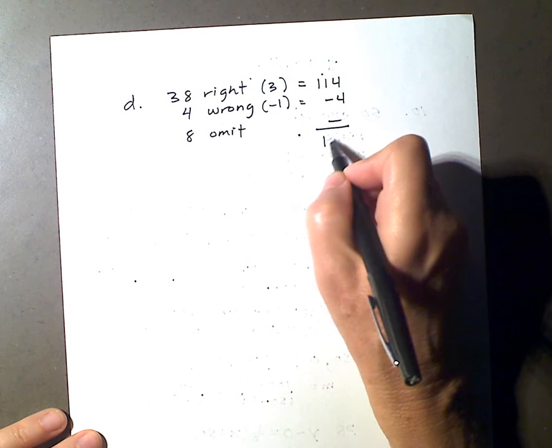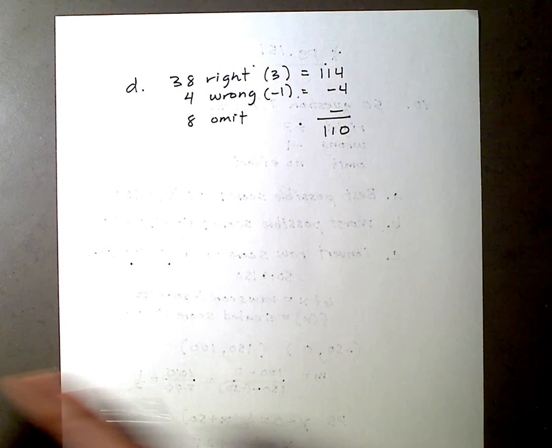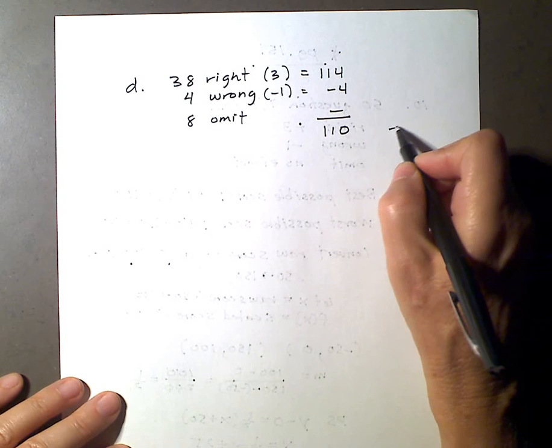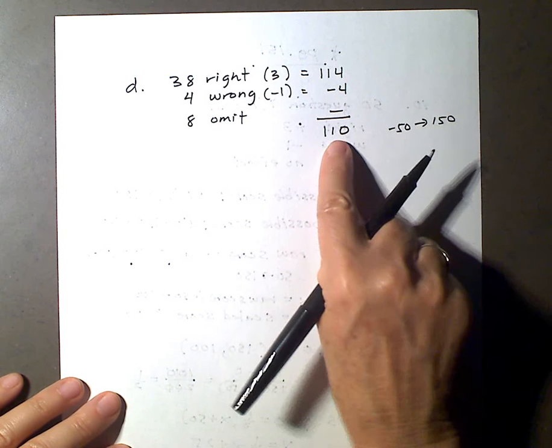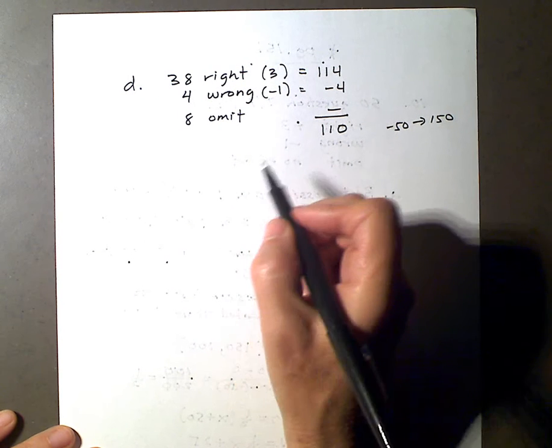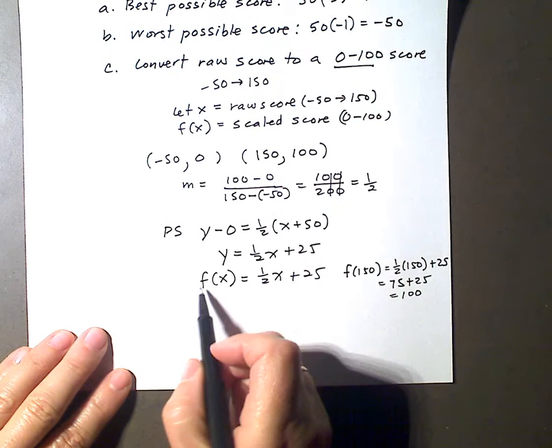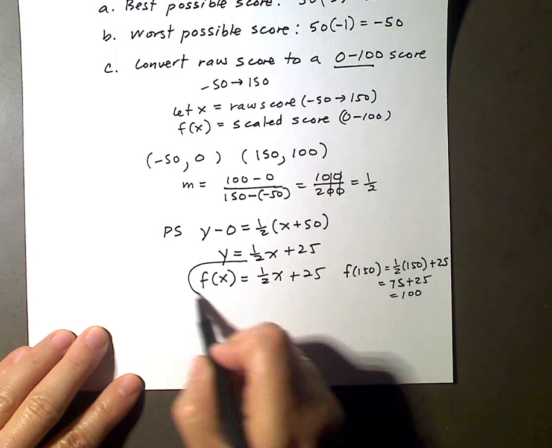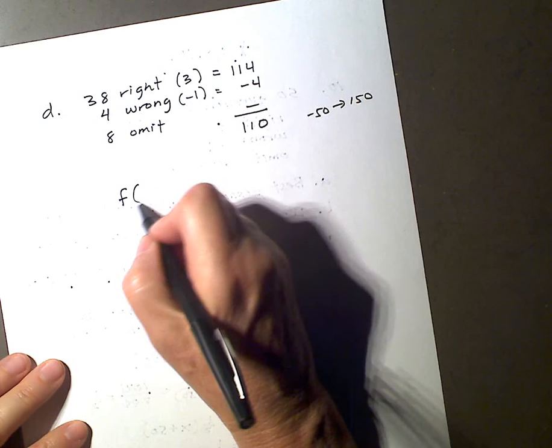So that means your raw score on the -50 to 150 scale was 110. What would that be in our new scale that goes 0 to 100? So you just plug it into the function that we got right here, f of x equals 1/2 x plus 25. So I'll rewrite it here.